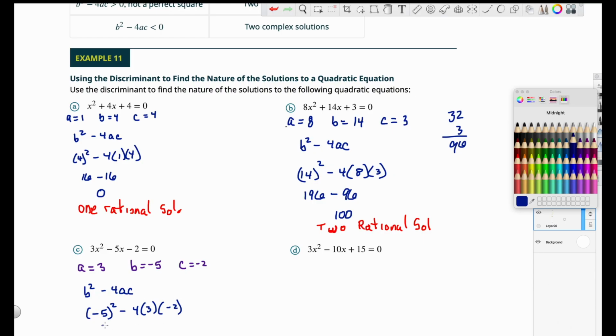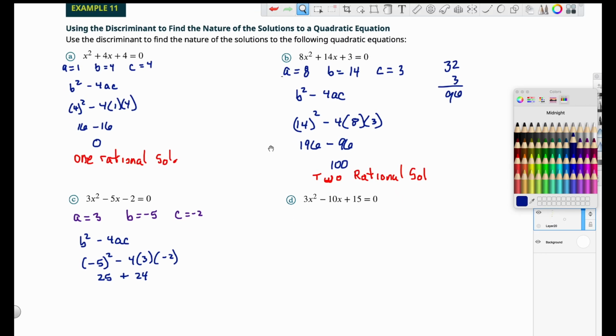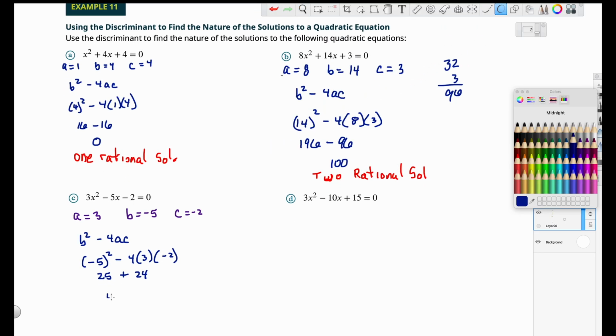Negative 5 squared is positive 25, and I have a negative and a negative there, so it's going to be plus 12 times 2, which is 24. 25 plus 24 is 49. So it's positive, and this is a perfect square. The square root of 49 is 7. So this is just like part B over here. It's also two rational solutions.